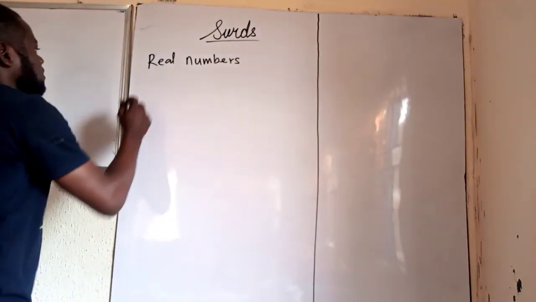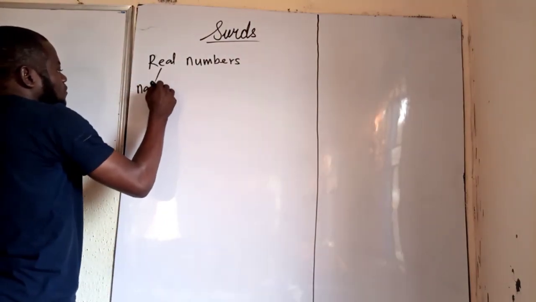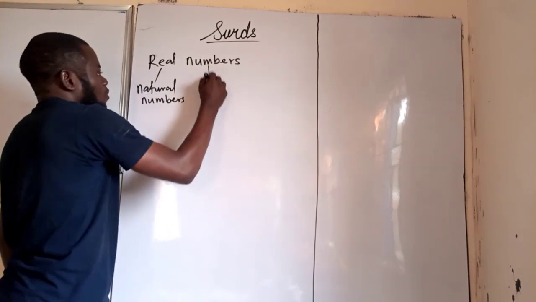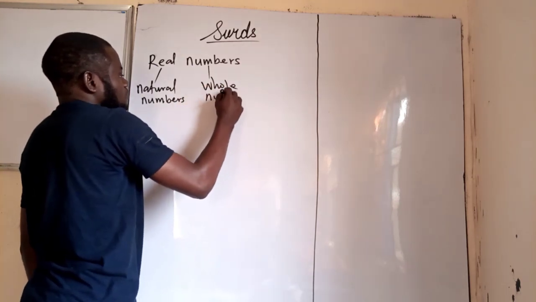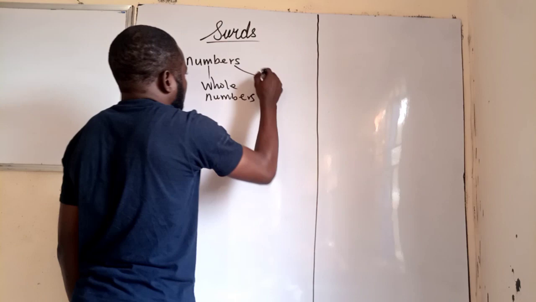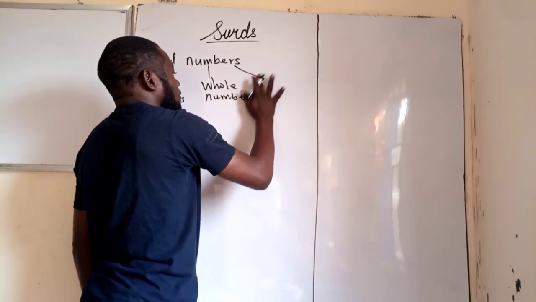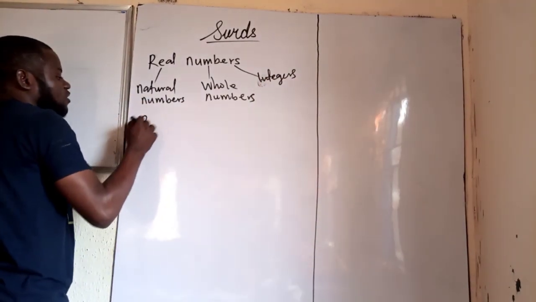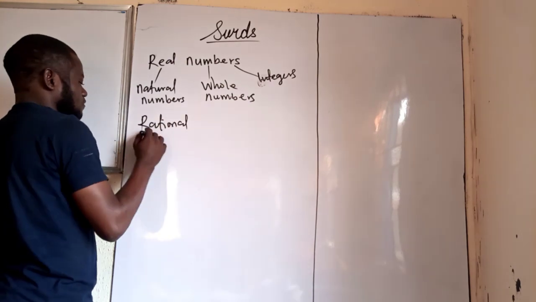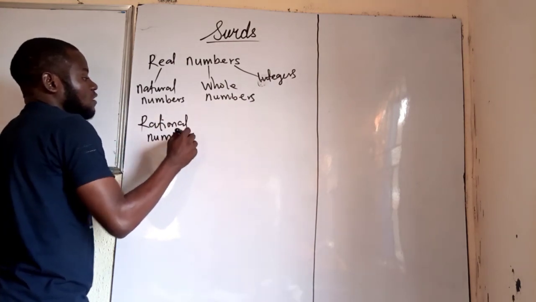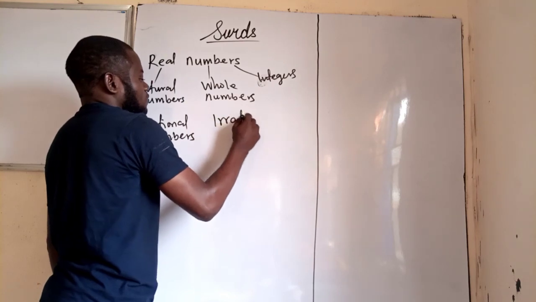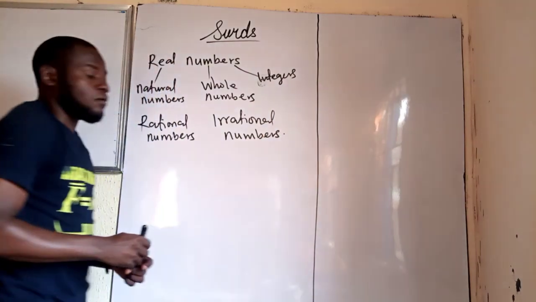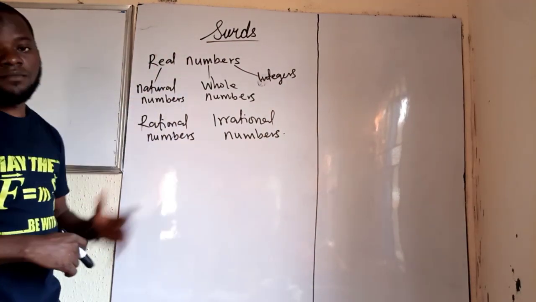We can talk about the natural numbers, the whole numbers, the integers, the rational numbers, and the irrational numbers. All these numbers are real numbers.